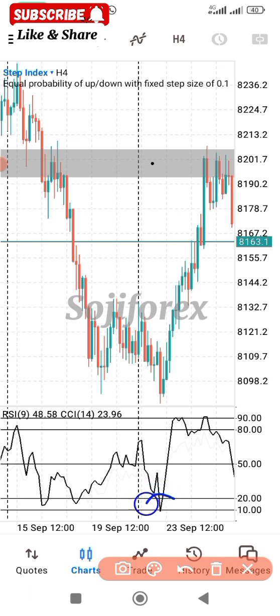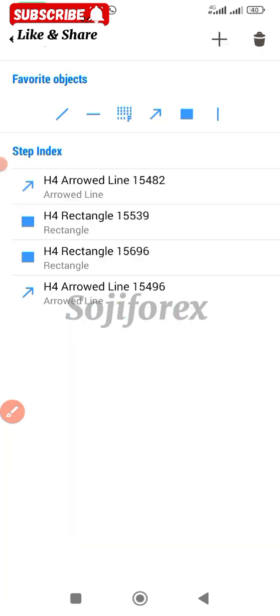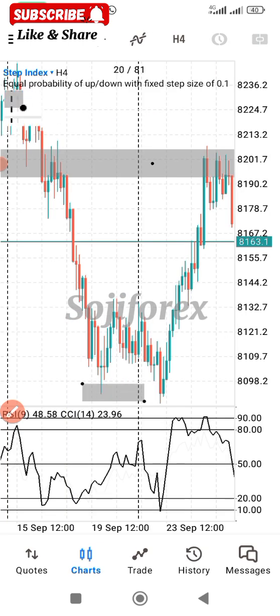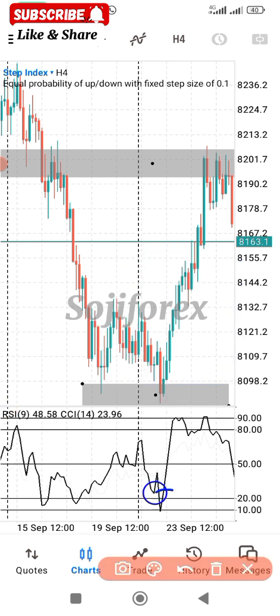Here again, price is at this point, and here we have price that has come to this zone previously before now. So we have a support zone, so you mark out that zone. And then what happened next? Price is here.